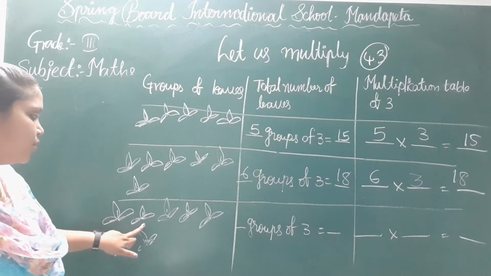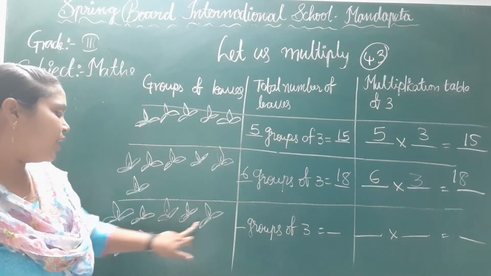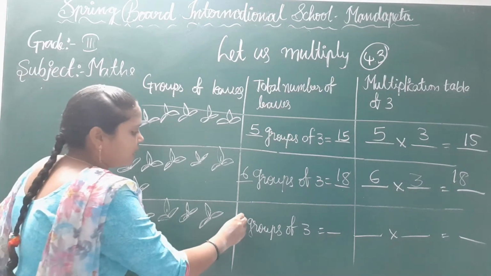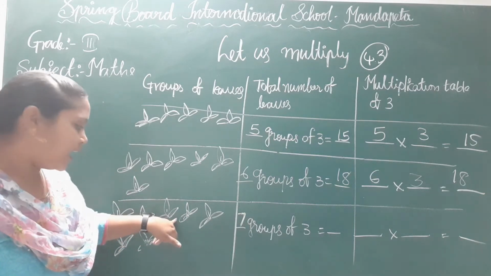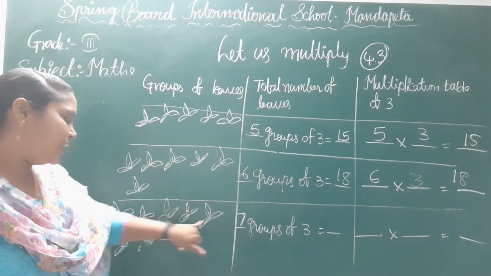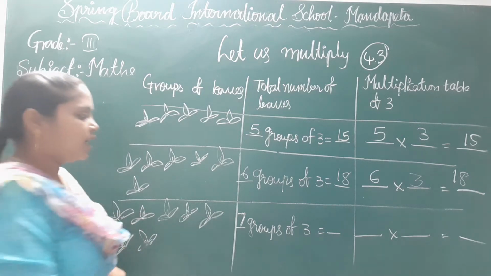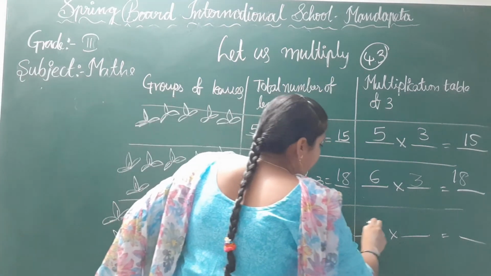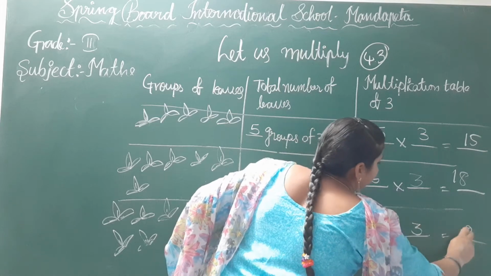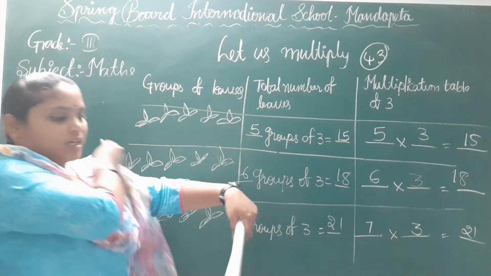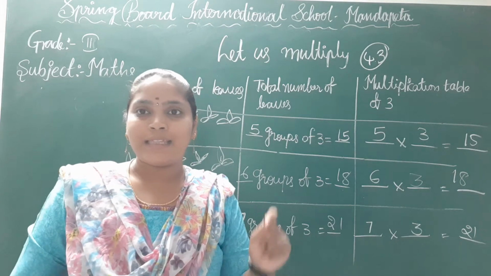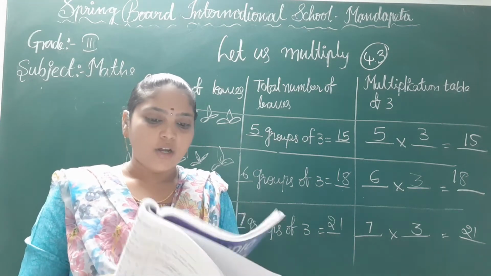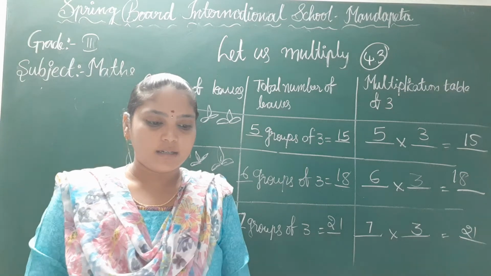Next, 1, 2, 3, 4, 5, 6, 7. 7 groups of 3: 3, 6, 9, 12, 15, 18, 21. So here 7 3s are 21. Okay children, if you do this activity you will learn the table easily. Do the remaining as homework.